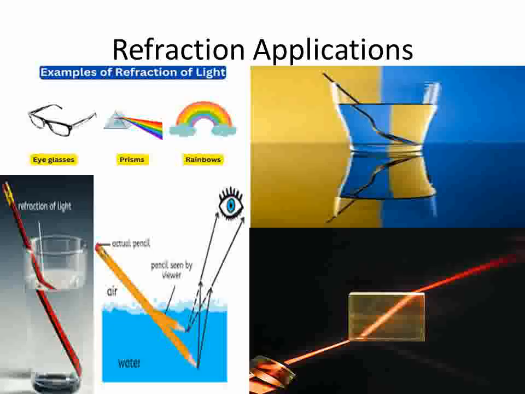This glass slab shows refraction of light, and the red color ray at the last is the emergent ray, inside the glass is the refracted ray, and in air coming to the glass slab is the incident ray. This is a laser light application showing refraction of light.